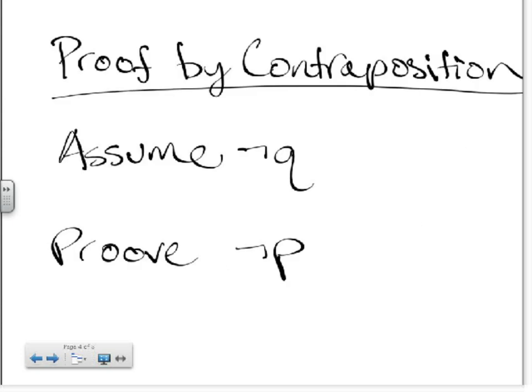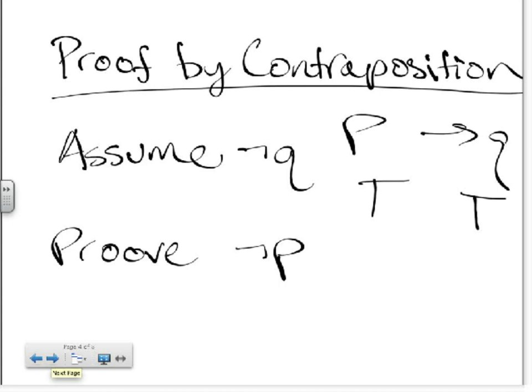Alright, so proof by contraposition uses the fact that a contrapositive is the equivalent statement of the initial implication. Usually with a direct proof, you start by assuming P is true, and then you have to prove that Q is true. As long as you prove that Q is true whenever P is true, then you're proving that this implication is always true.